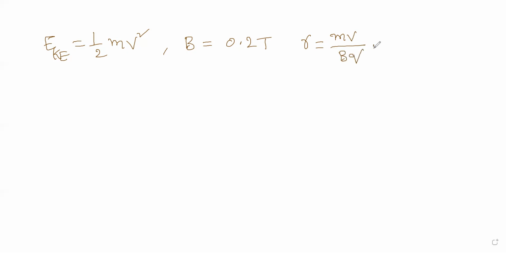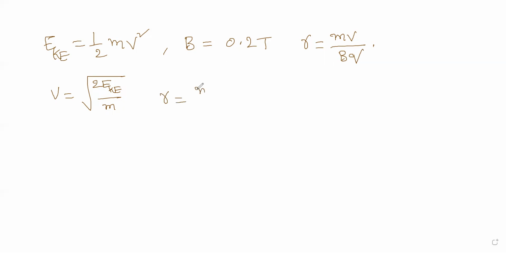So that's how one can calculate the radius of the path described by the charged particle when it is subjected to the magnetic field. So here half mv square, from this you can calculate the velocity as square root of 2 KE divided by m, and then this v we will substitute over here.